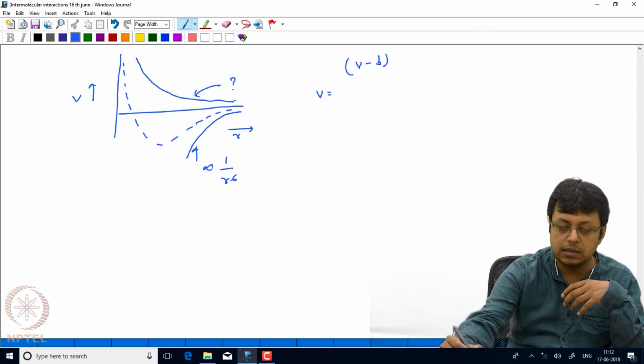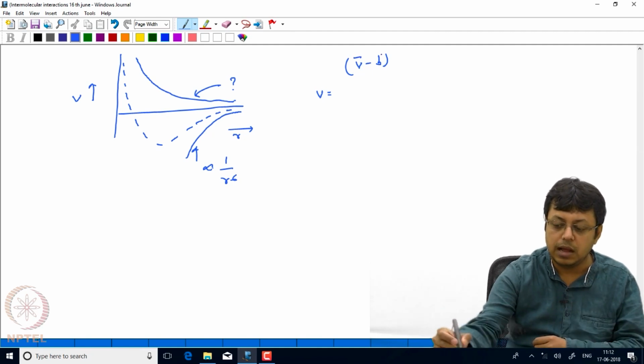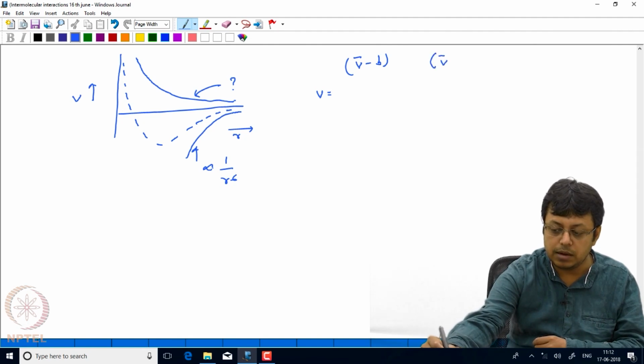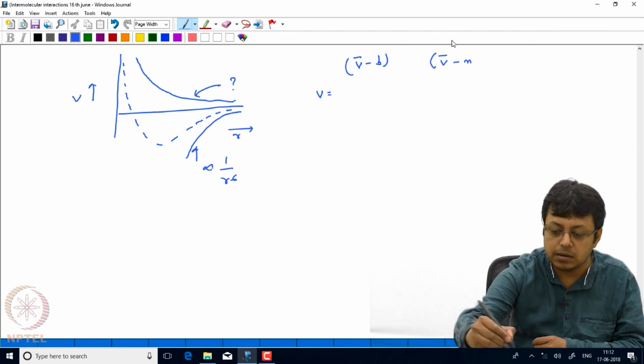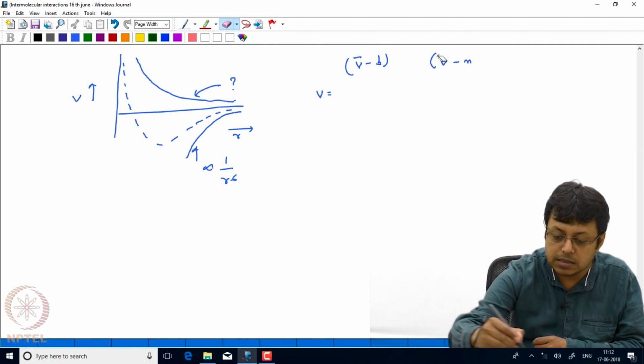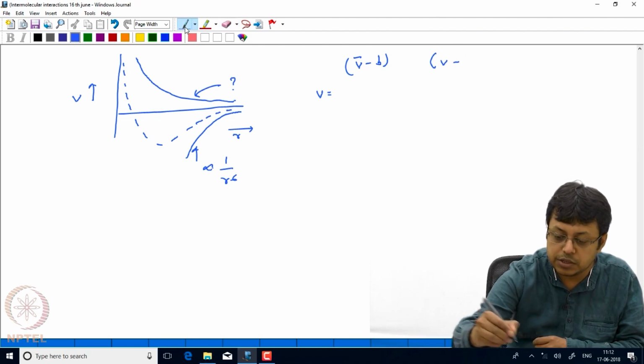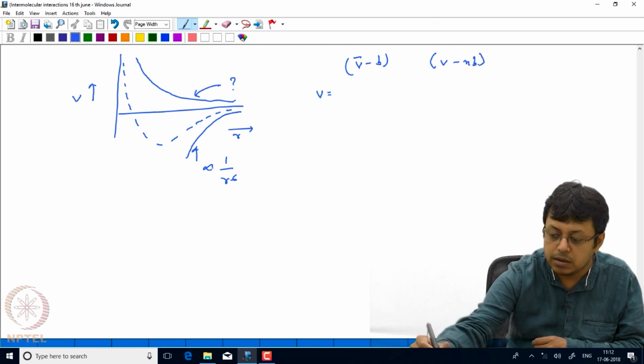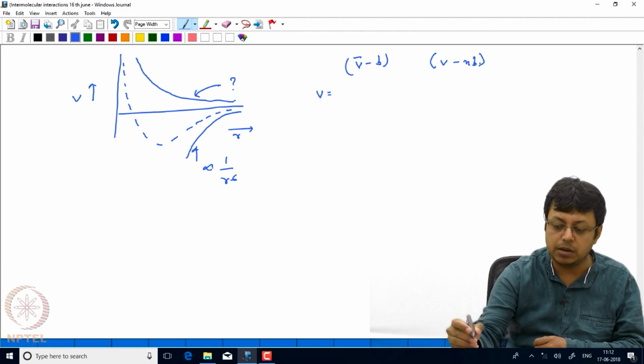We wrote that the real volume is connected to the ideal volume as V real minus b is V ideal. That was in terms of molar volume, and for n moles, if you remember, we wrote it as V minus nb. This volume correction comes from the finite size of the molecules.